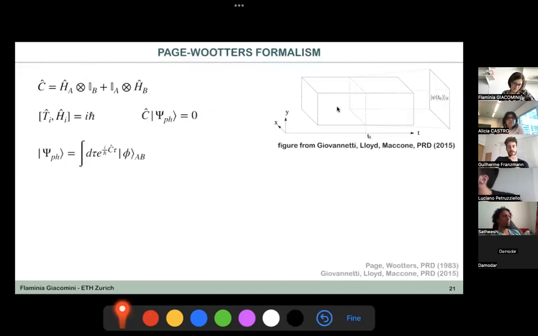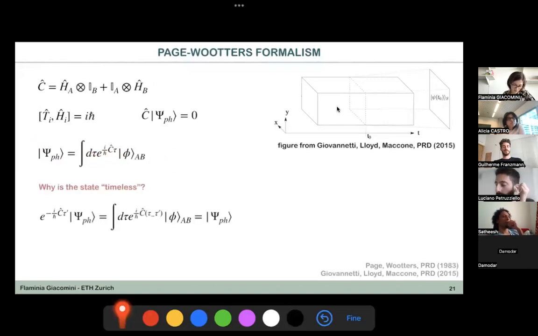This can be solved formally by taking this operator applied to an arbitrary state of A and B. This state solves the constraint because I can integrate over tau, and this is a delta of C. So it ensures that this state solves the constraint.